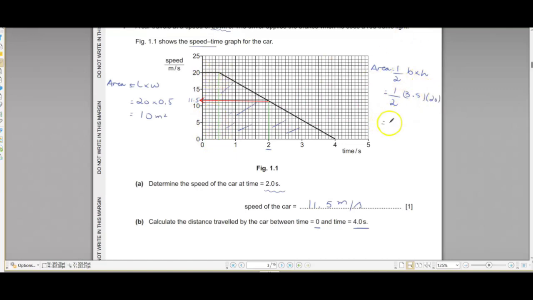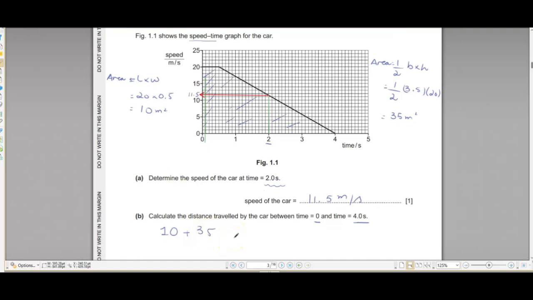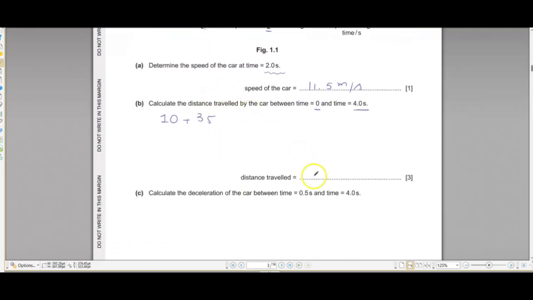This is going to give us an answer of 35 meter squares. Now we have the area of the rectangle and of the triangle as well, so we've covered all the area under the graph. To calculate the distance, we add 10 and 35, and this gives us an answer of 45 meters.